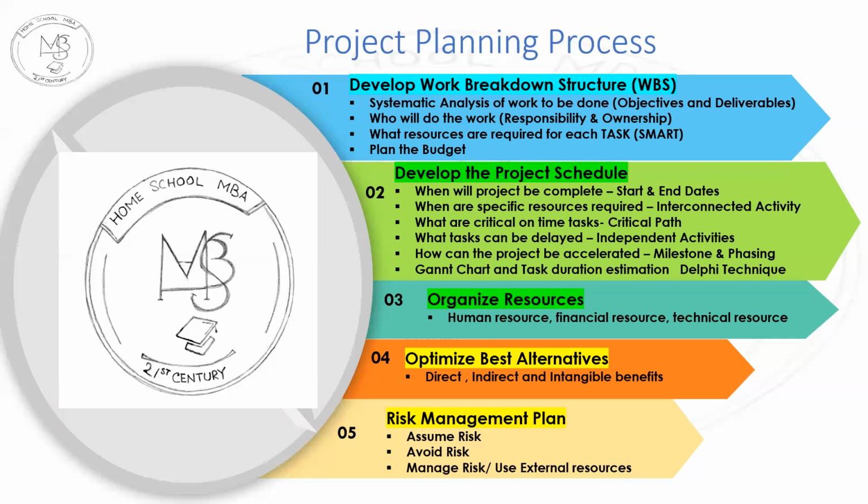You can always use external resources, like consultants, architects, and computer experts, whenever they are required. This is referred to as just in case, JIC. Just in case you require them, you call them. So that is how I would say that this project planning process goes.